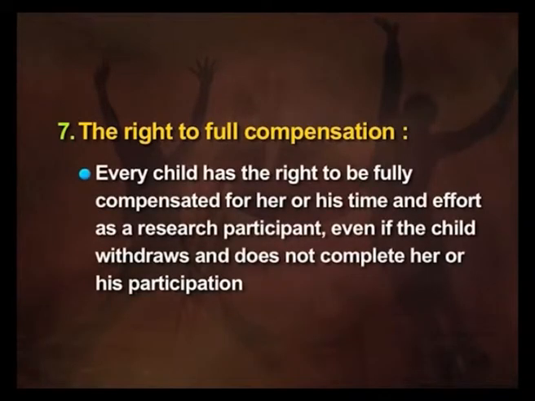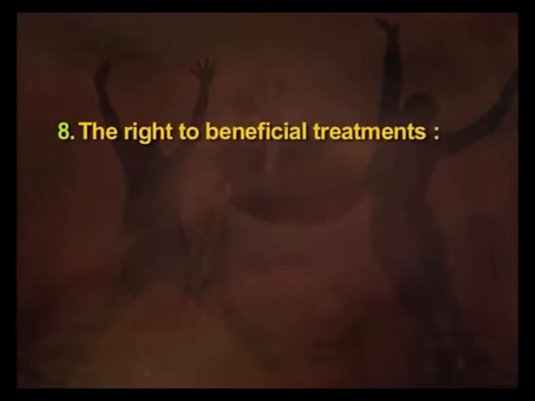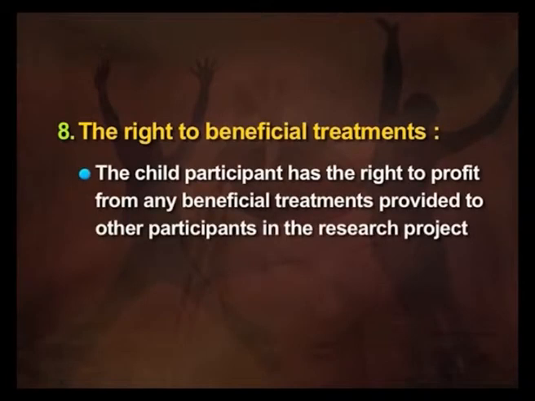Every child has the right to be fully compensated for her or his time and effort as a research participant, even if the child withdraws and does not complete her or his participation. Finally, the right to beneficial treatments. The child participant has the right to profit from any beneficial treatments provided to other participants in the research project. These 8 ethical standards must be met by the researchers during the research process.